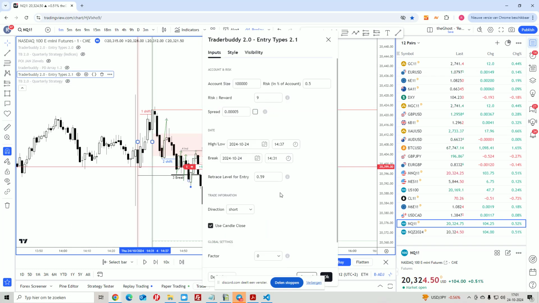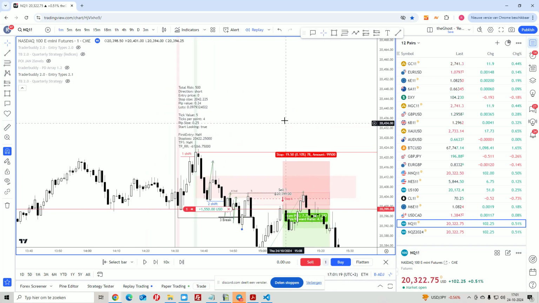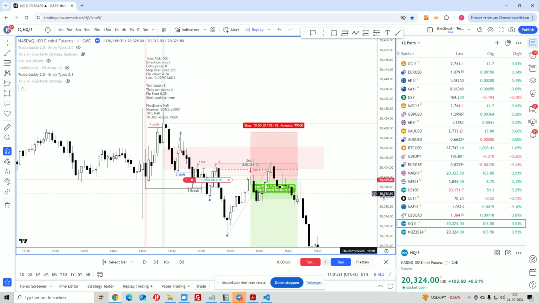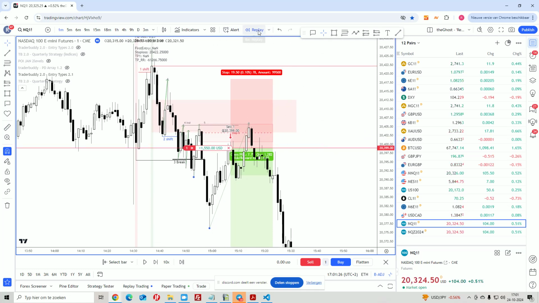Let's see, we have show all available trade entries. Well, we did not have a 50% retracement, I believe. Yes, no, we did not.